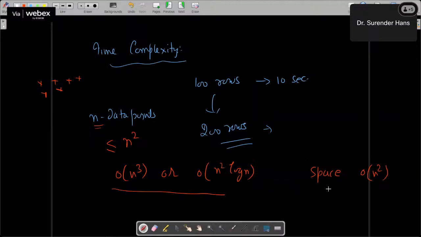This time complexity and space complexity is the biggest drawback of hierarchical clustering. That is the reason this algorithm is not suitable for big data sets.